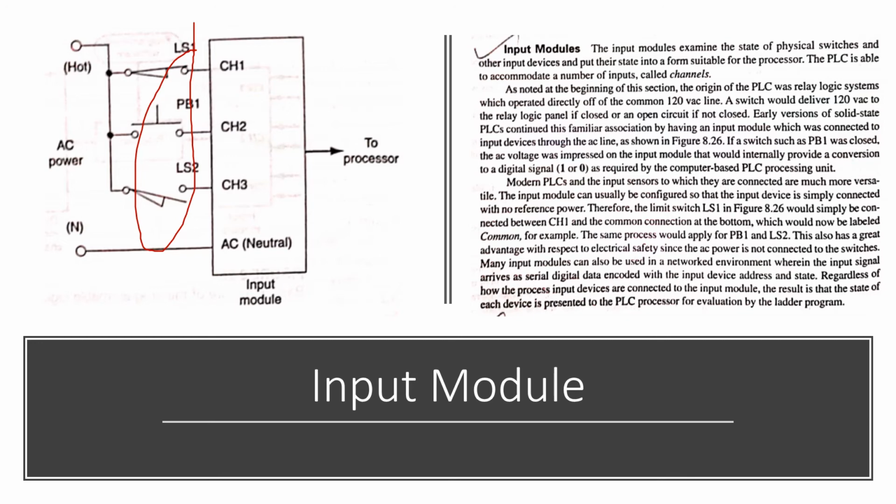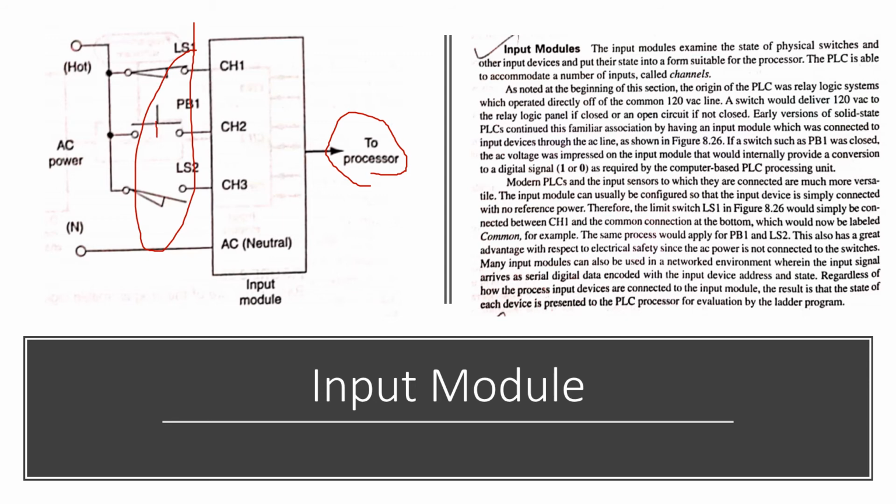The main operation of the input module is to convert analog to digital, because the electrical signals generated from the sensors or transducers are analog in nature, but the CPU cannot understand the analog language, so the input module helps us convert analog to digital. How does this happen? PB is nothing but a switch.